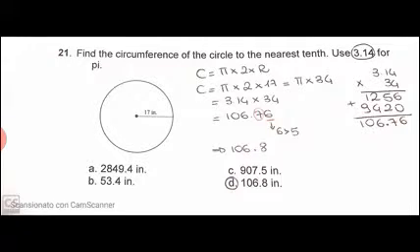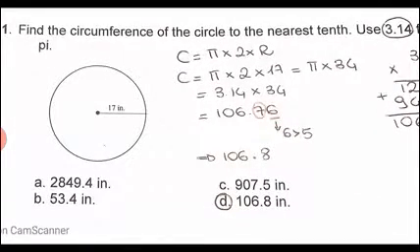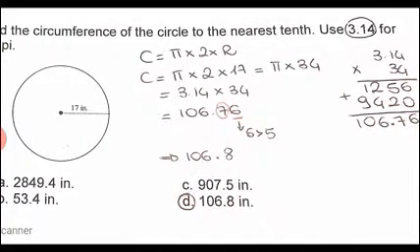Exercise 21. We want to find the circumference of the circle to the nearest tenth. Use 3.14 for pi. The radius is 17. The circumference is pi times 2 times r. Pi times 2 times 17. 2 times 17 is equal to 34. We have to use 3.14 for pi, so it is 3.14 times 34.